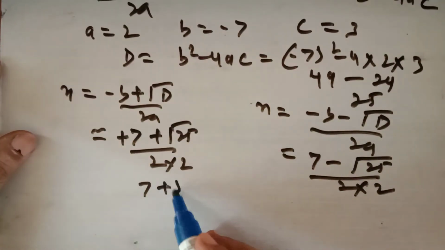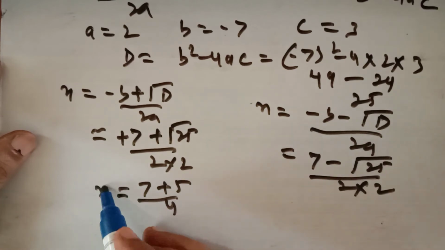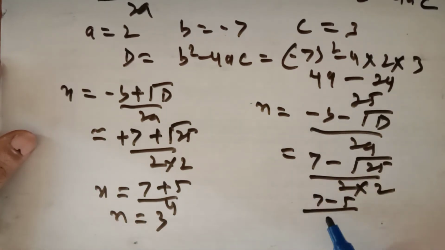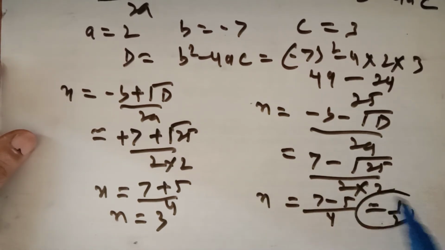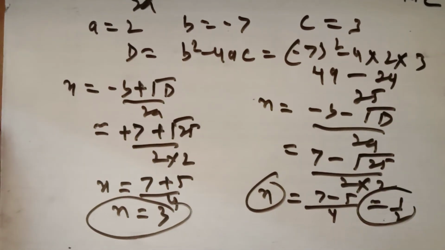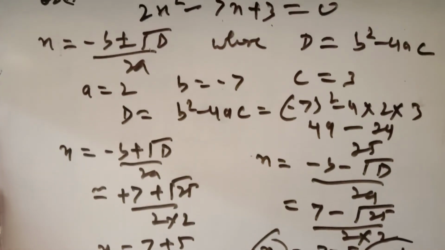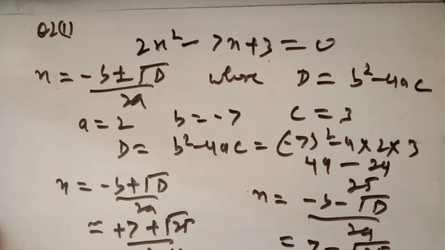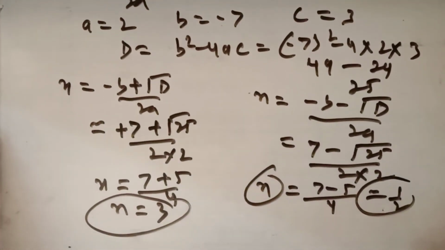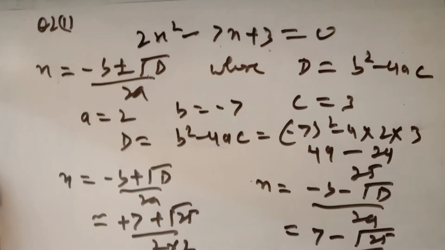So (7 + 5) upon 4, that is x = 3. And (7 - 5) upon 4, that is 1/2, which is the same as we obtained by making the perfect square, or completing the square, in the first question. So this is the method to solve the quadratic equation by using the quadratic equation formula.